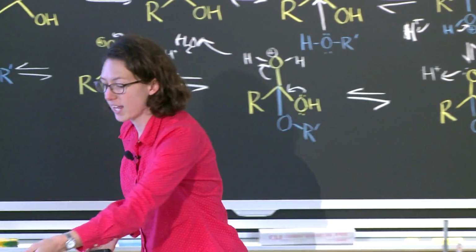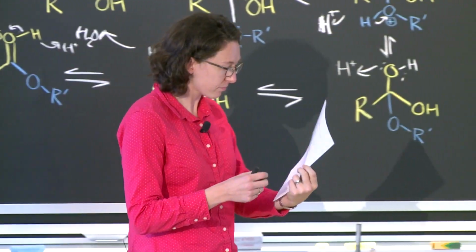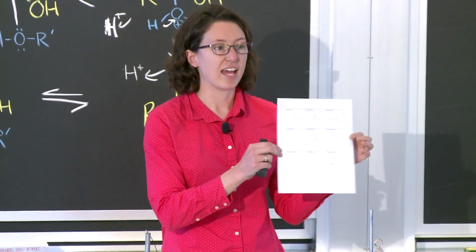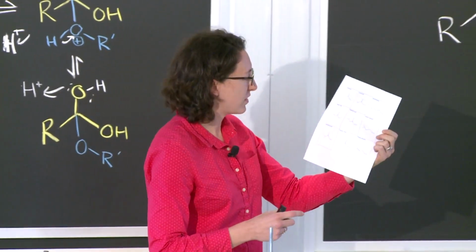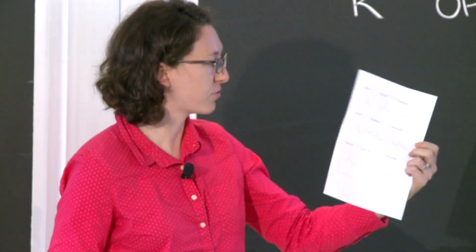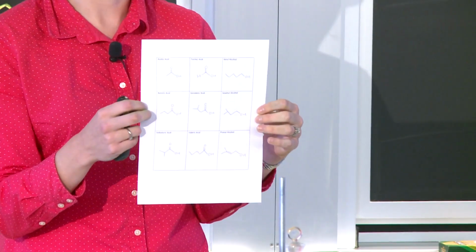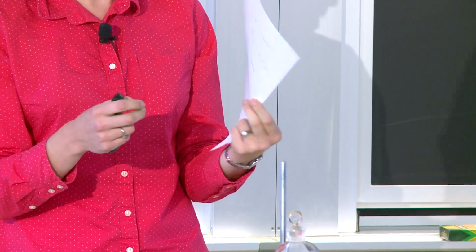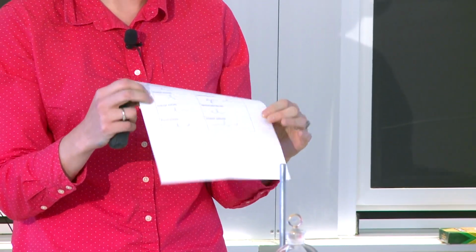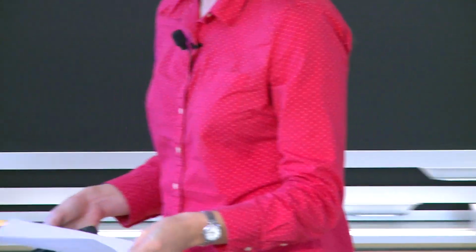So if you got this handout in the back, on one side it has a sheet that has all of the common names for the structures that you may find in that list of esters that we'll be making in the lab. And then on the back there is a blank chart. Mine's already filled in, but there's a blank chart that has a bunch of different ester names.